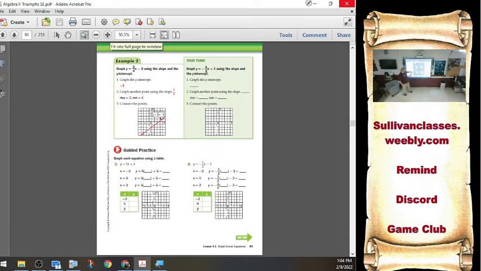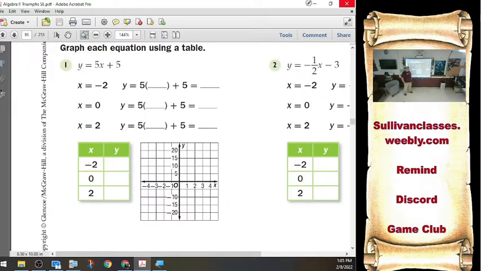So, we'll start with the table. Okay? Start with the table. Plug in -2, 0, 2. Plot your points.